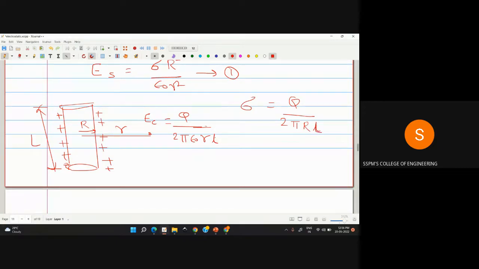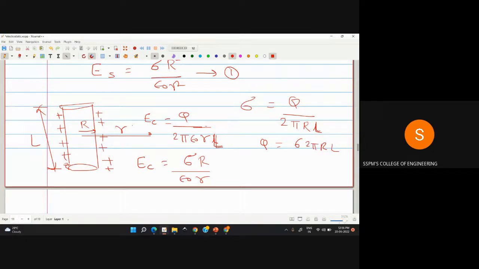Actually, it is capital L. Now substitute here: Q is equal to sigma into 2 pi R into L. And what will be EC? EC is equal to sigma 2 pi cancel, L will cancel, sigma into capital R divided by epsilon 0 into small r. Isn't it?